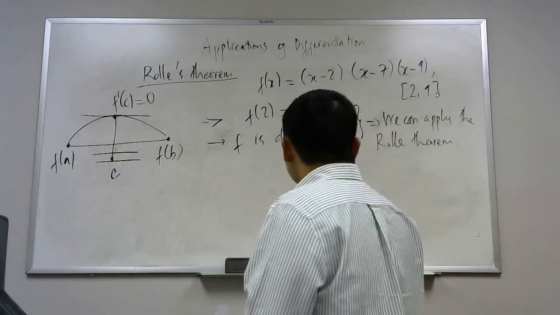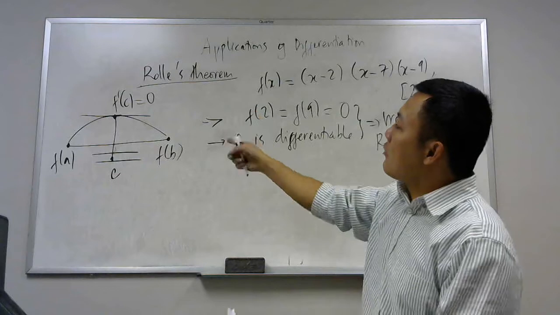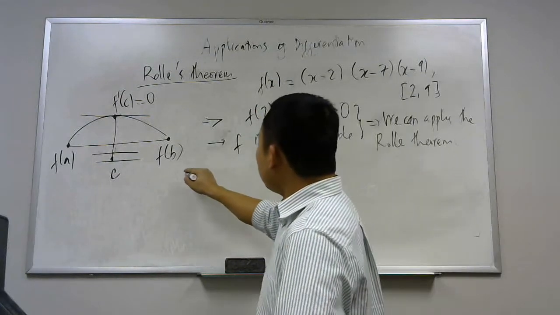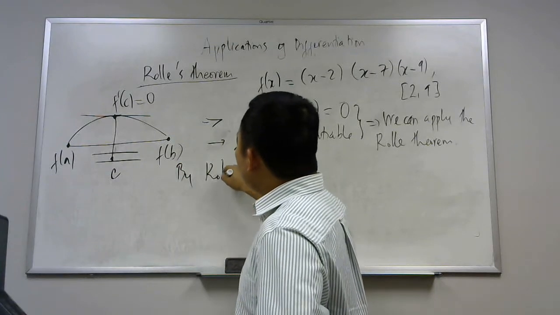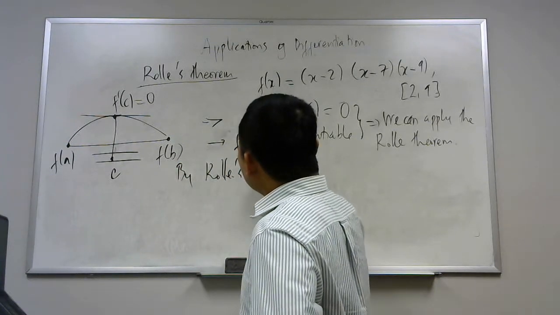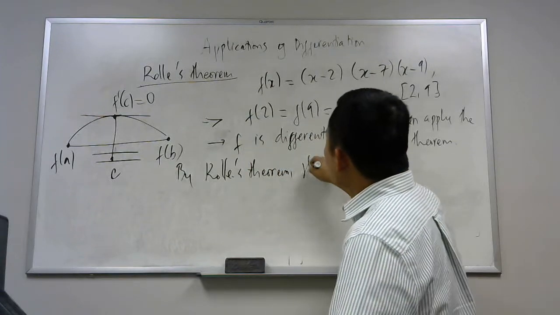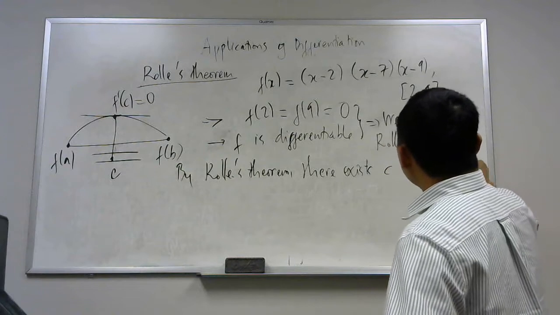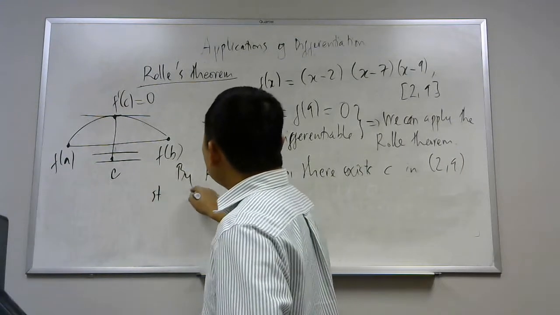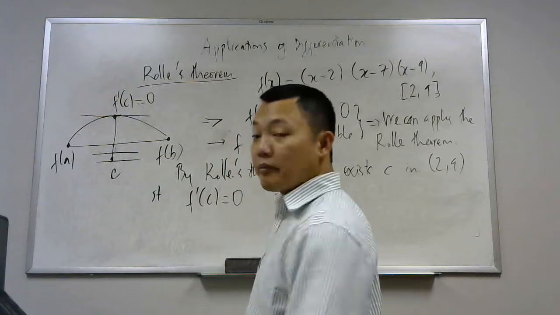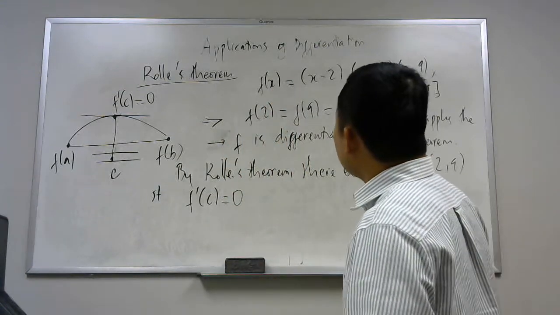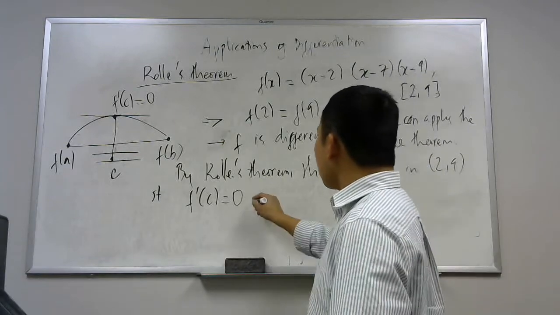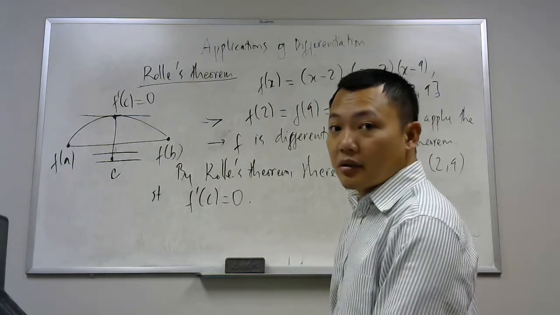Rolle's theorem says we have to find at least one c in between 2 and 9 such that, by Rolle's theorem, there exists c in (2, 9) such that f prime of c equals 0. And of course we need to find c. So in order to find c, we differentiate the function and then set it equal to 0.